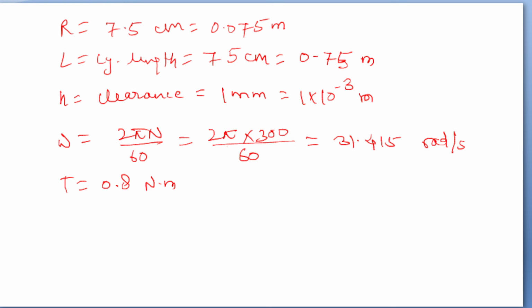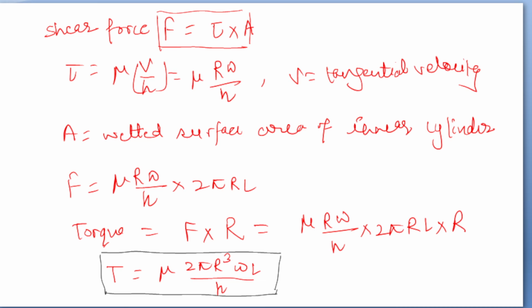Now we substitute these values in this equation.